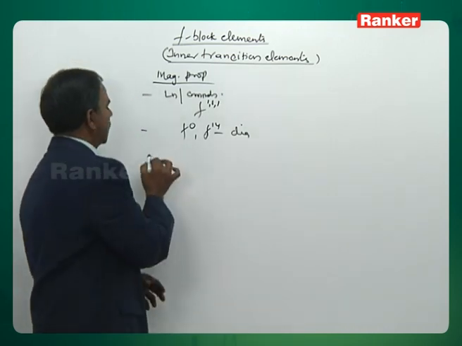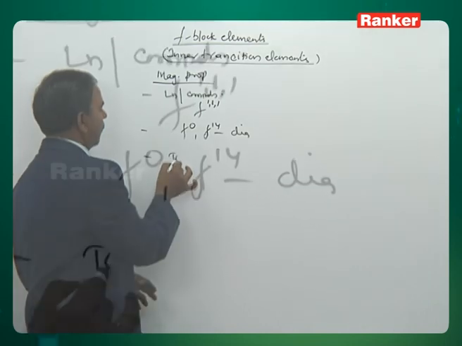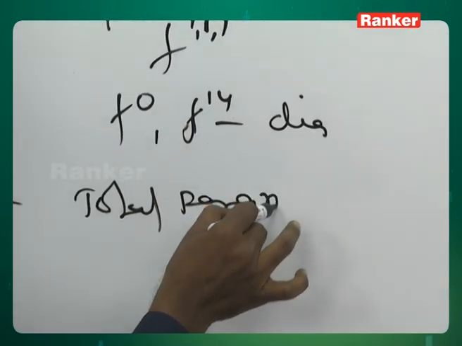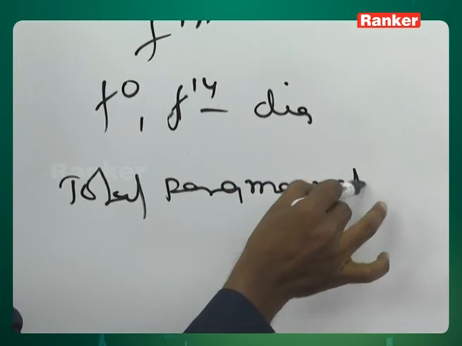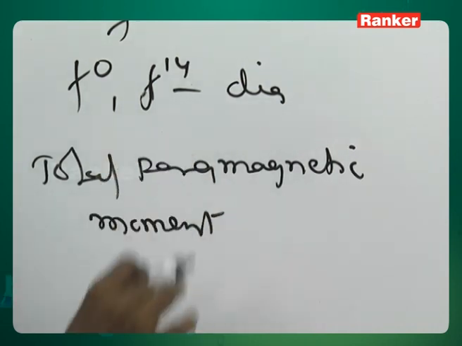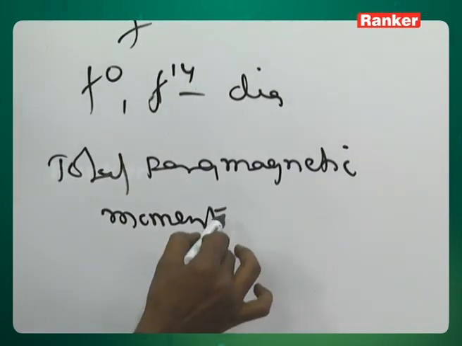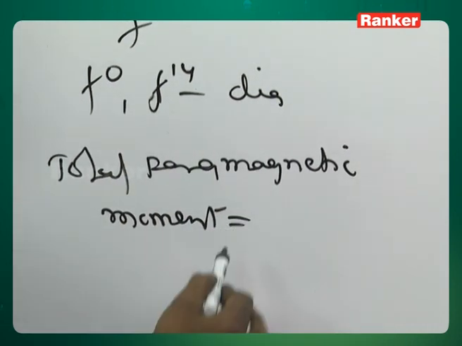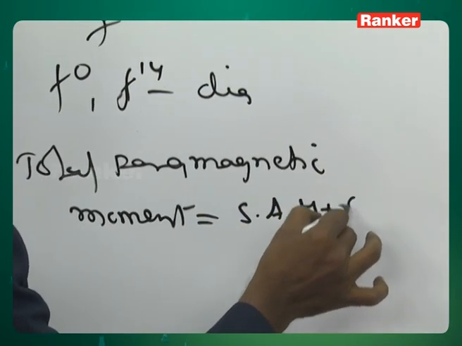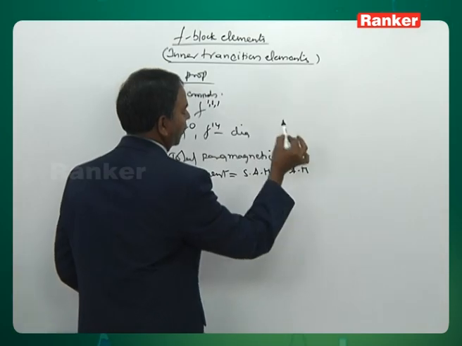Now consider the total paramagnetic moment. Total paramagnetic moment, as already given in d block elements, we consider spin angular moment plus orbital angular moment.